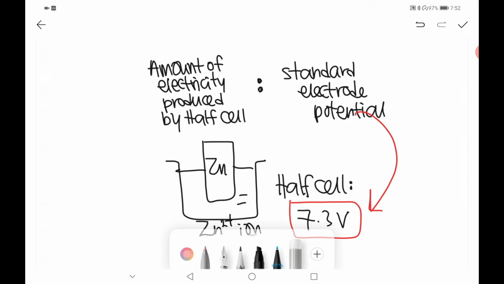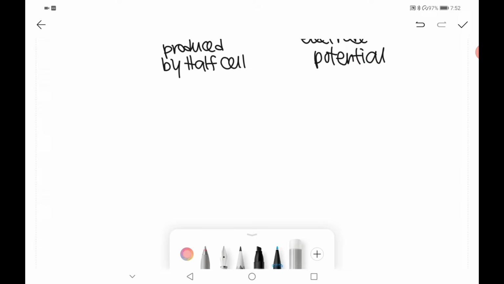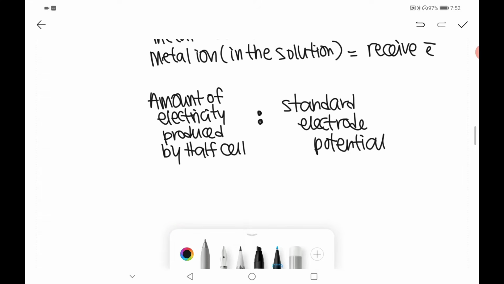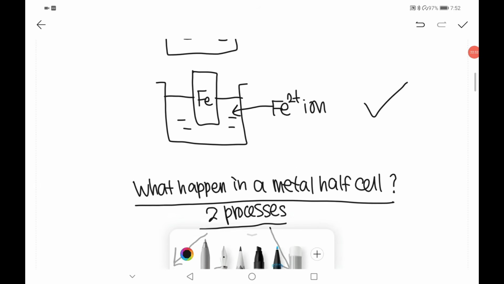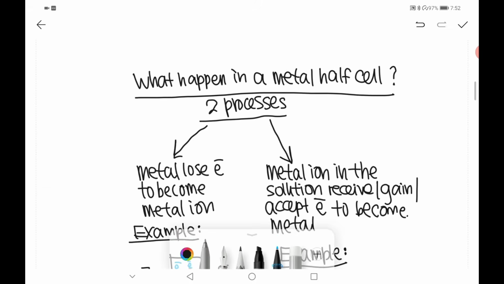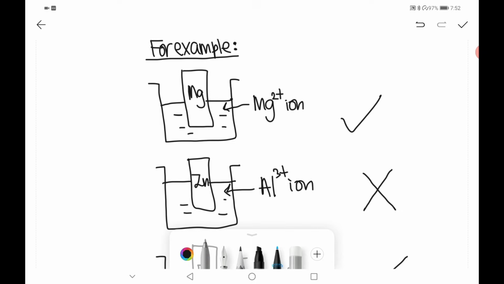All right, so hopefully now all of you understand a little bit what we mean by standard electrode potential. Let me make a very quick one-minute summary before I move on. So far for the first 20 minutes in this lesson, we learned the concept of half cell. What is a half cell? A half cell is formed by a metal and metal ion.